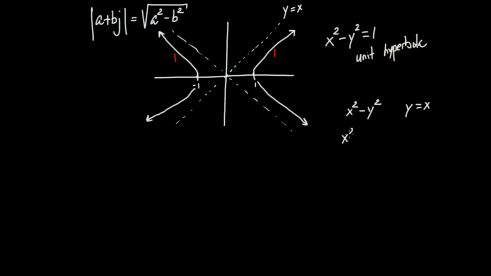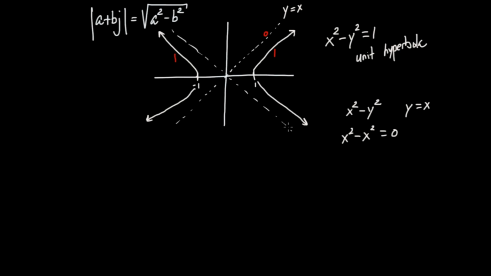I can get x squared minus x squared. I just made that substitution there. And this is, of course, equal to 0. Now, what that implies is that any point located on this line, y equals x, is going to have a magnitude of 0.